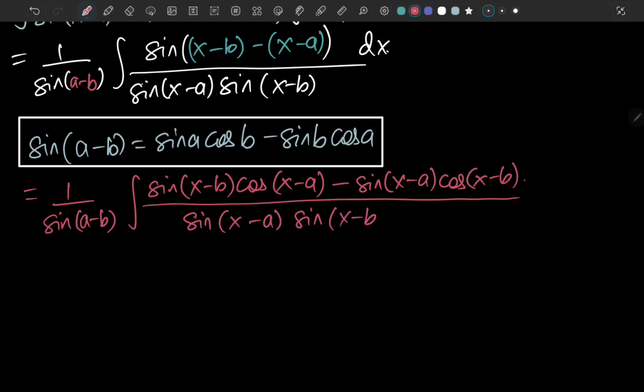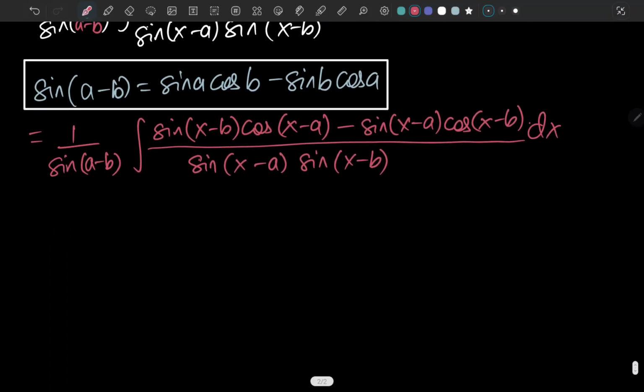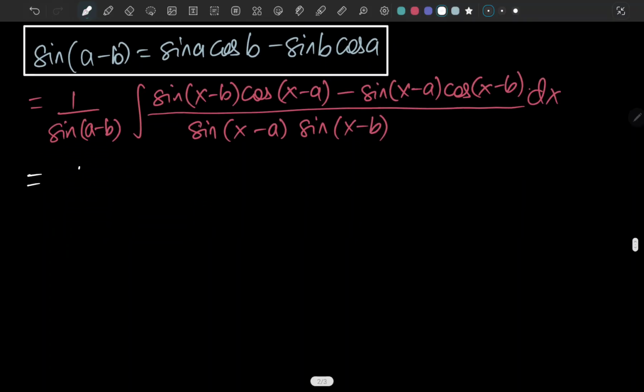Now we are just going to split this integral into two integrals, as you have guessed, I think, till now, maybe. If not, don't worry, I'm here.